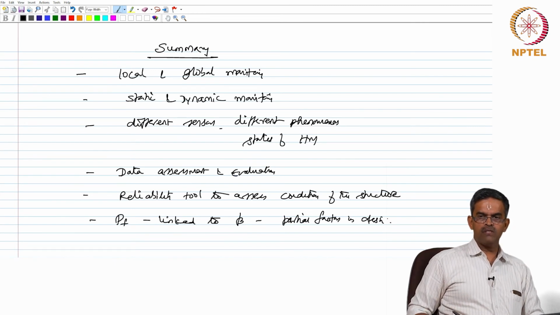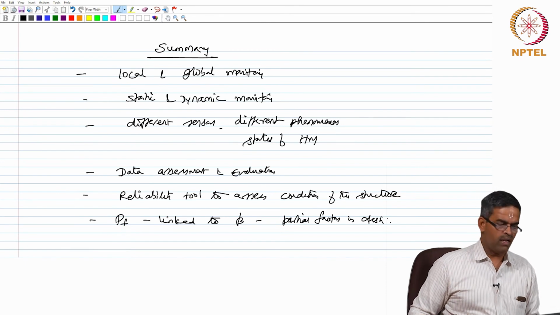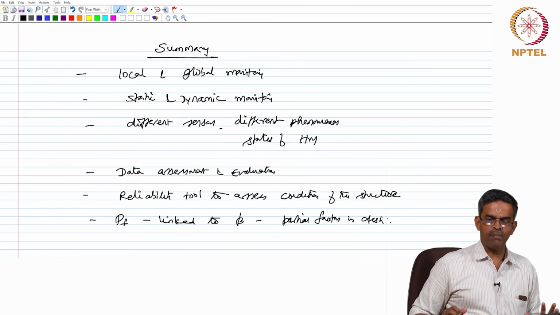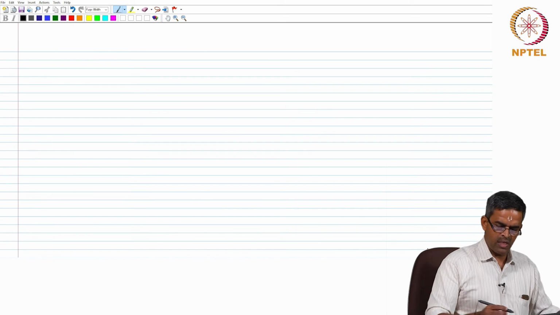We will continue with this discussion in the next lecture and explain different methods of monitoring further in detail, where we talk about damage identification and how to actually plan for a structural health monitoring scheme. So, there is a good reference which you should read to learn more about this.